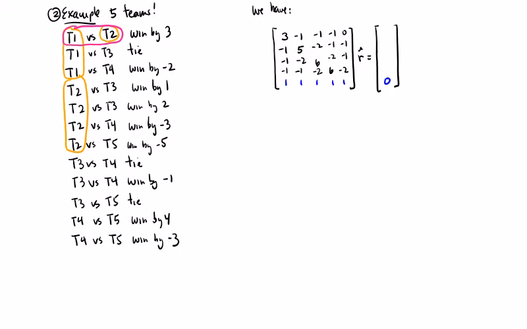So again, just so we're remembering, before we fill in Q, MII is the number of games Team I played, and MIJ is the negative number of games Team I played versus J.